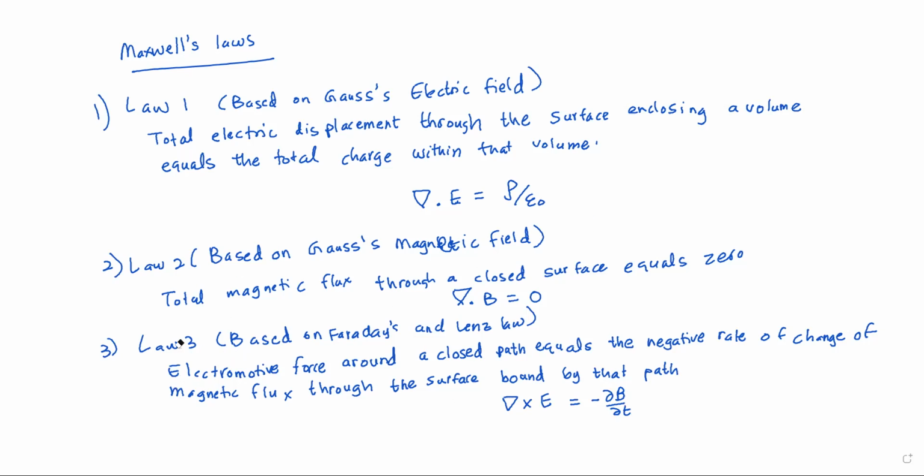So the third law is based on Faraday's law and Lenz's law, which are directly considered here. What Maxwell is telling us is that we need the combination of all these laws to explain the generation of an electromagnetic wave.